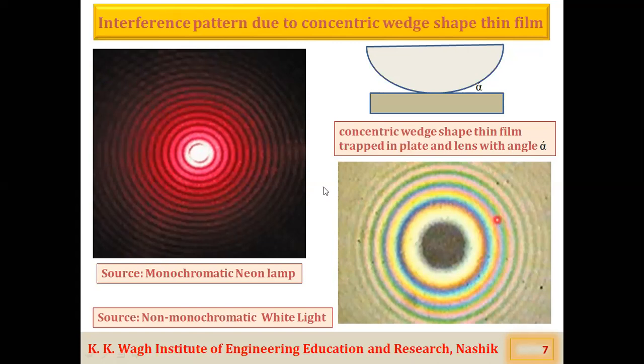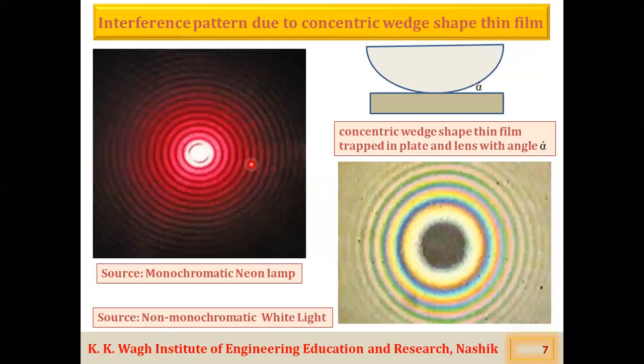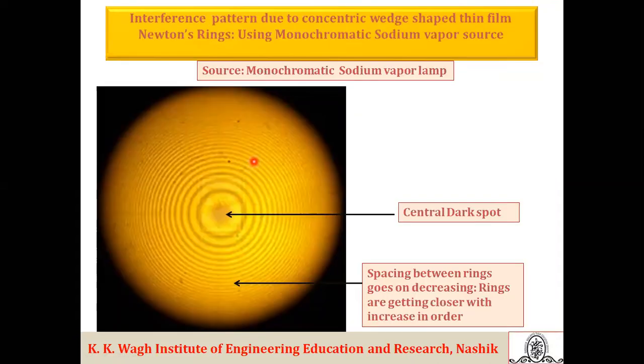Particularly for technical and practical purposes, a sodium vapor lamp is used as the source of light, and such rings, initially observed by the scientist Newton, are called Newton's rings. These Newton's rings are nothing but the interference pattern due to a concentric wedge-shaped thin film. The only difference between this pattern and the earlier pattern is the change in the source of lamp: red neon lamp earlier, here orange sodium vapor lamp.